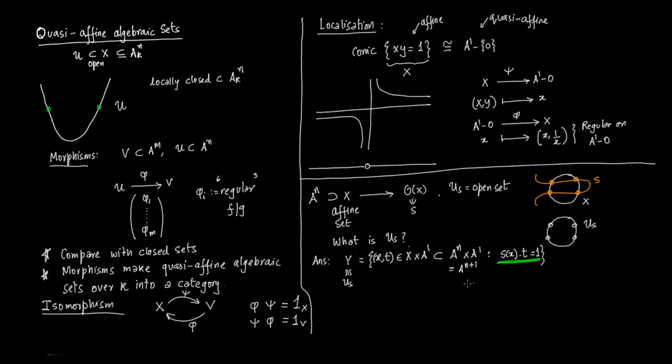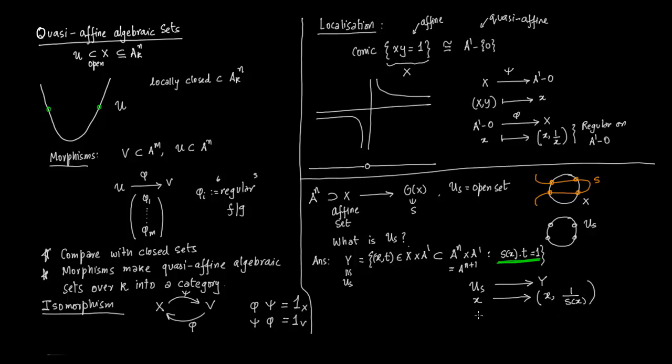Now let us show that U_S is actually isomorphic to Y. We're just going to copy the above example. Going from U_S to Y is equivalent to going from A^1 minus 0 to X. You take x and you go to (x, 1/S(x)).